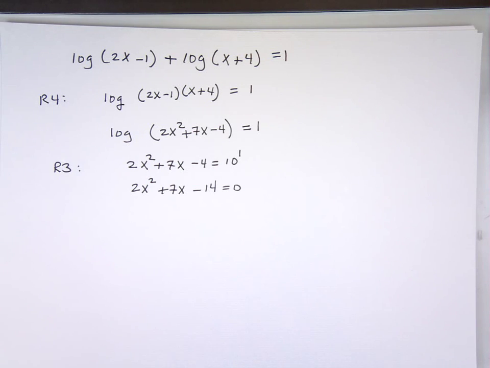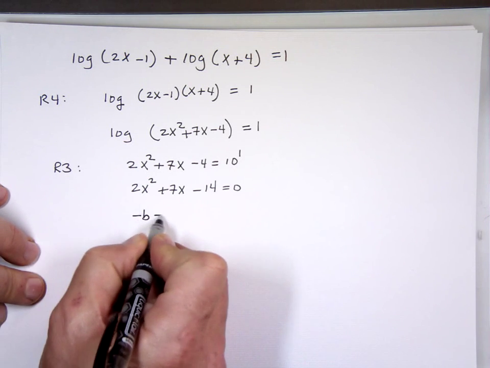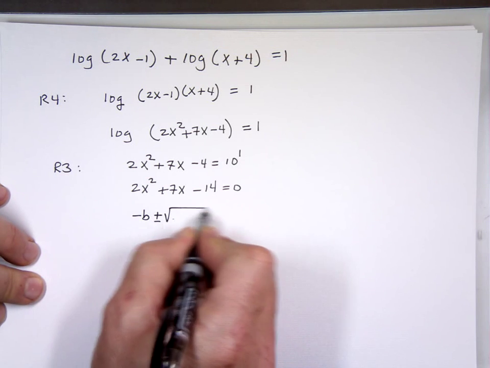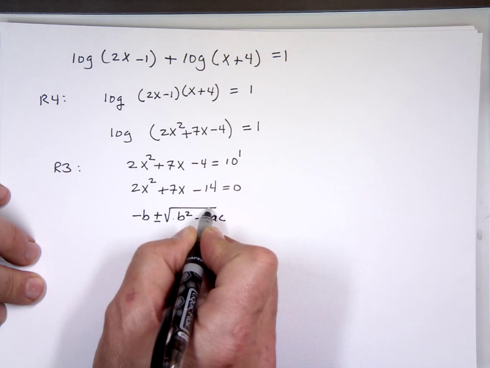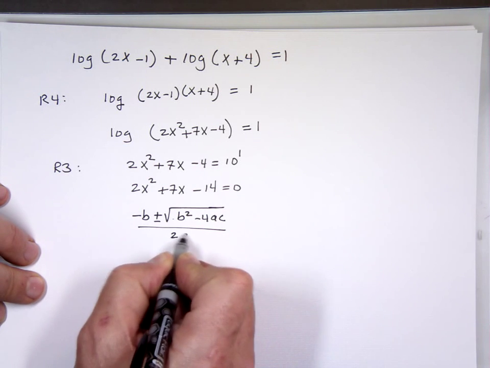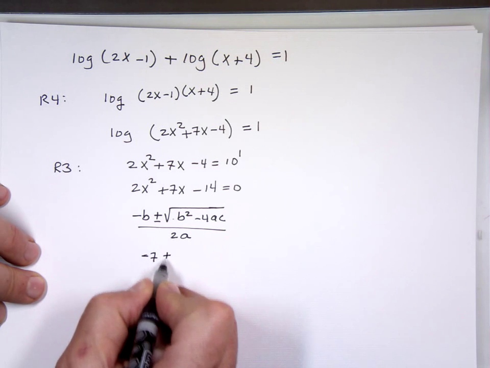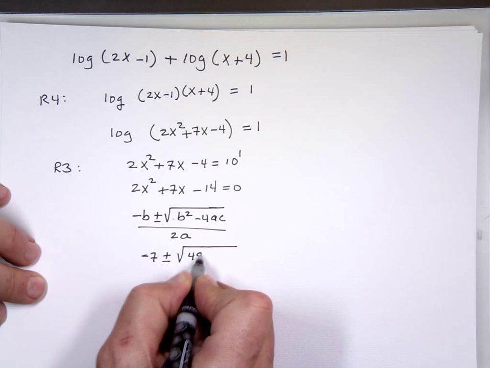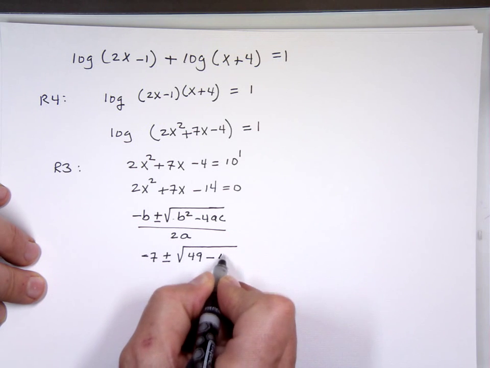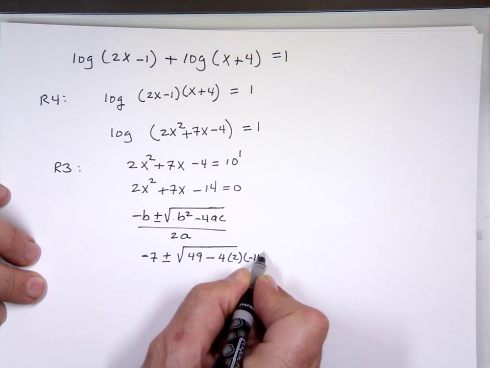So the quadratic formula: minus b plus or minus the square root, divided by the 2a, right? So it's minus 7 plus or minus the square root of 49 minus 4 times 2 times a negative 14, all divided by 2 times 2.